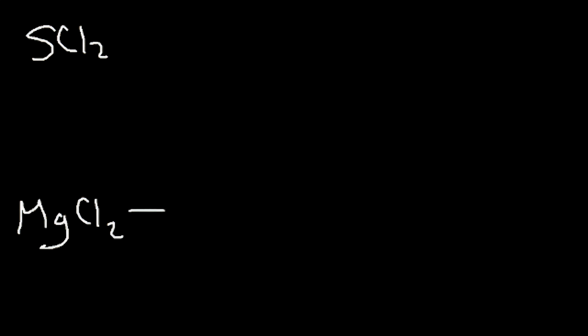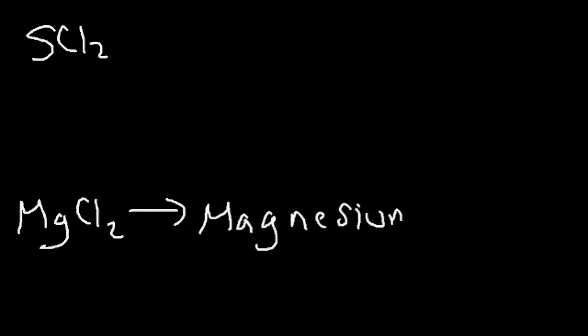Now, the next thing that you need to be able to do is name compounds. So for example, let's say you wish to write the name of SCl2 and MgCl2, how would you do it? MgCl2 is called magnesium chloride.